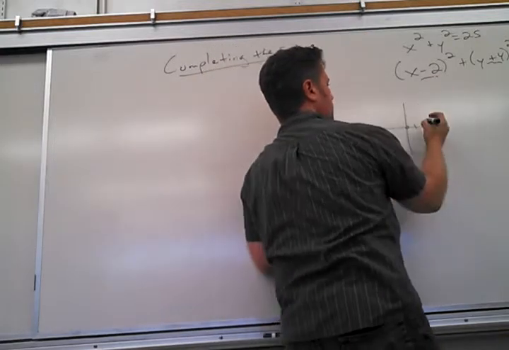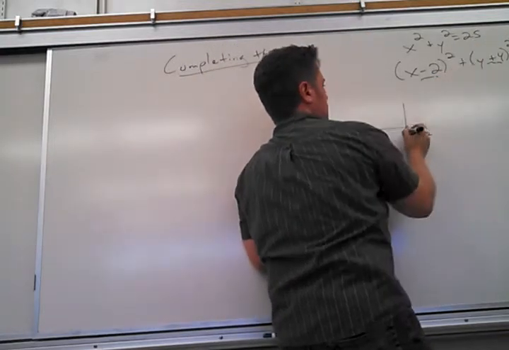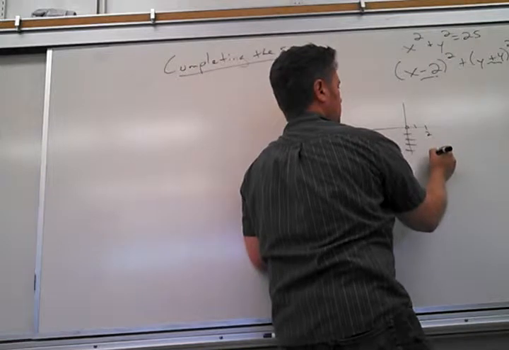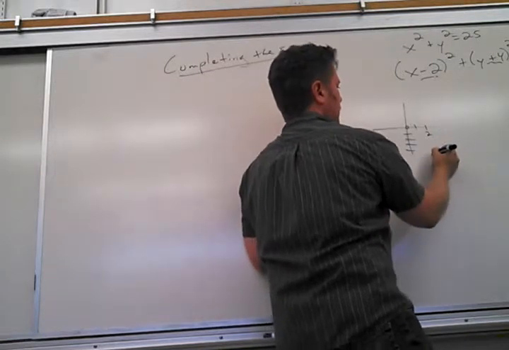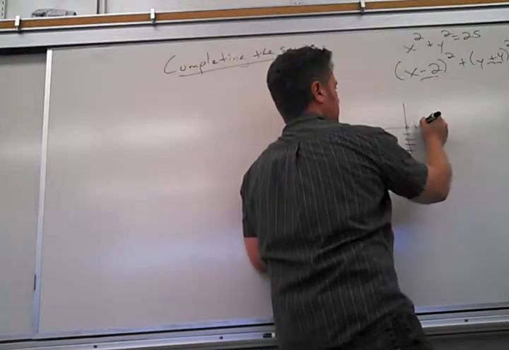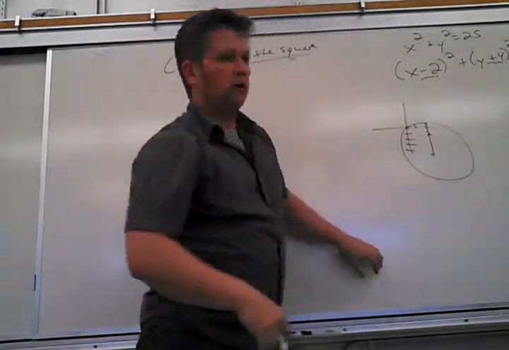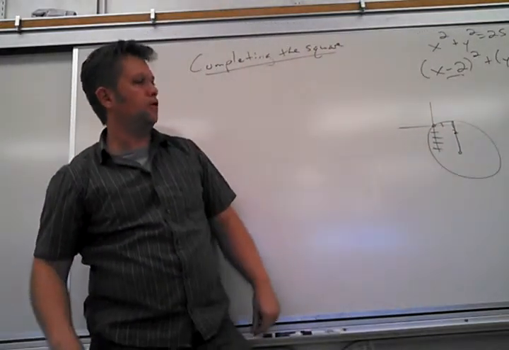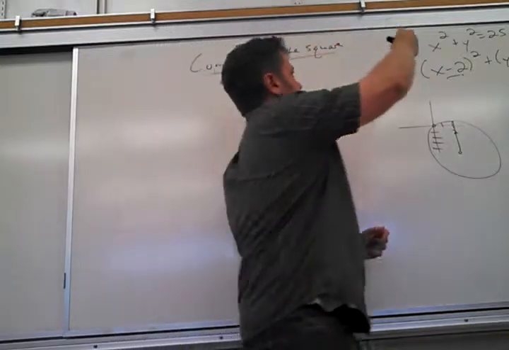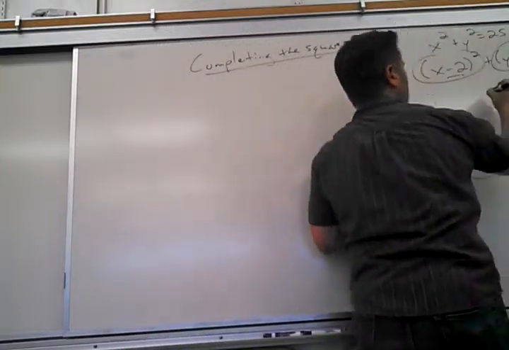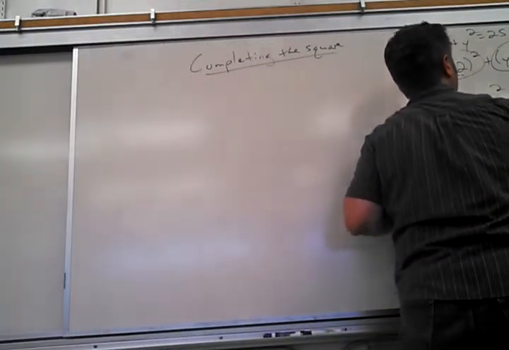So here this would go right 2 and down 4. So my center would now be there. And then it would have a radius of 5. So that's really horrible. But very quick. But the problem is, it's not always going to be given to you. It's going to be given to you like this here, maybe.